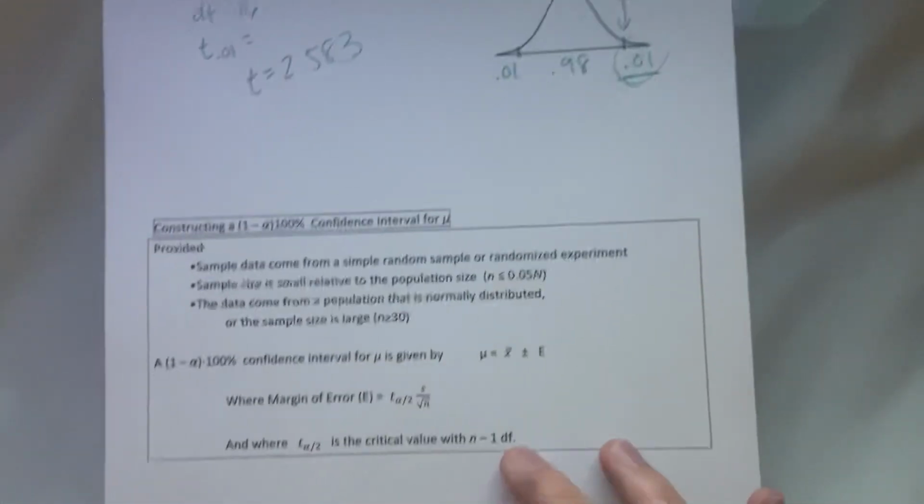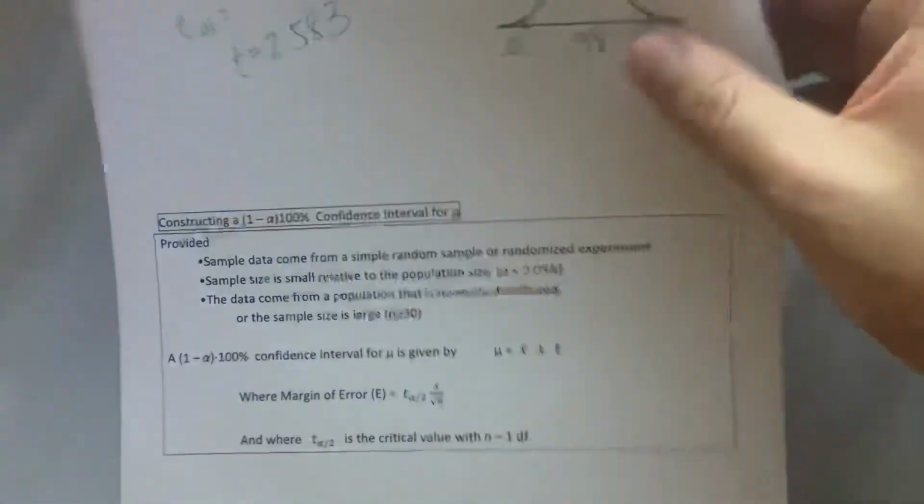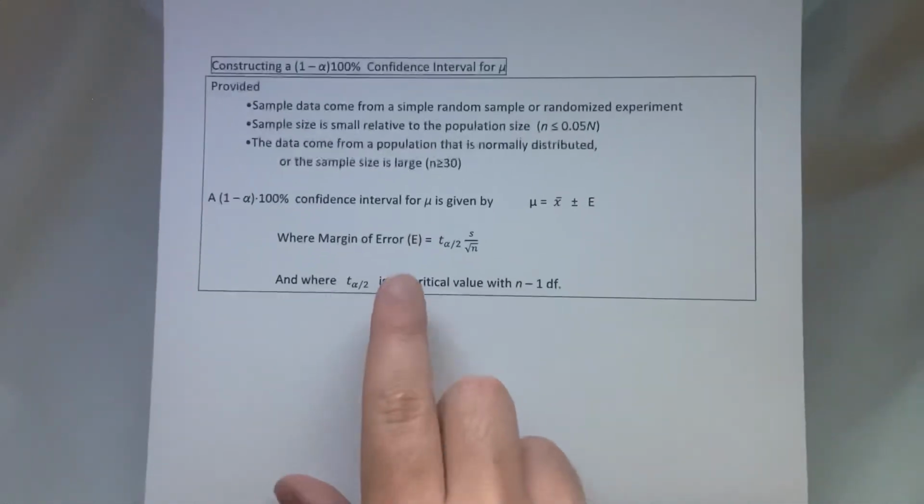So how can we use this to construct a confidence interval for mu? What you need is some sample data from a simple random sample. Sample size is usually pretty small, and the data has to come from a population that's normally distributed, or the sample size is large. Now, a 100(1 minus alpha)% confidence interval for mu is x bar plus or minus our error, where our error is now calculated differently.